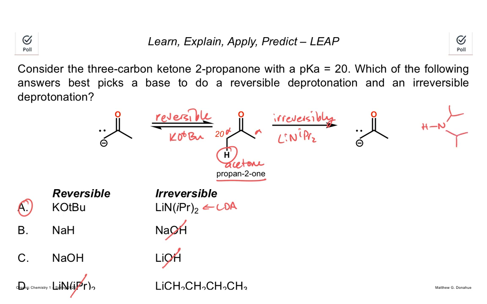So that base abstracts that proton, and you generate that amine. We saw the pKa of that is about 40 to 45 or something. And so then we have that difference, which is actually a 10 to the 20 difference in acidity.